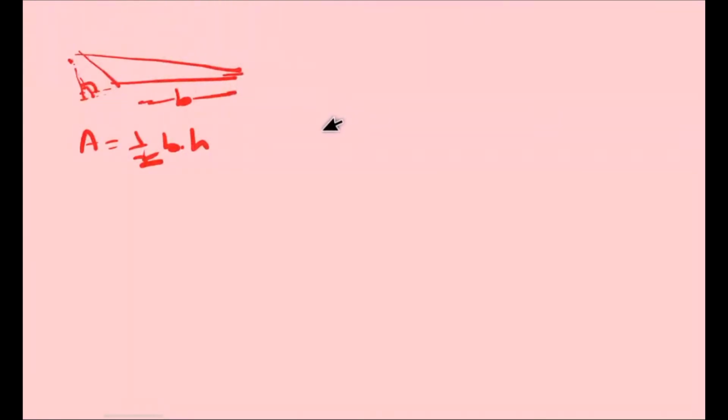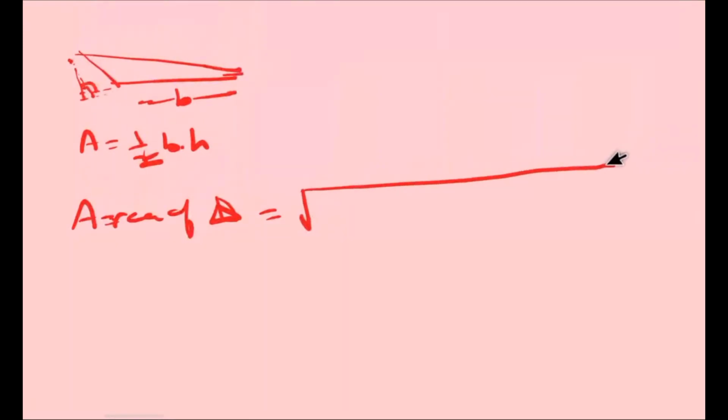Now, there is another formula we can use here for the area of a triangle: area equals under root s into (s minus a), (s minus b), (s minus c).